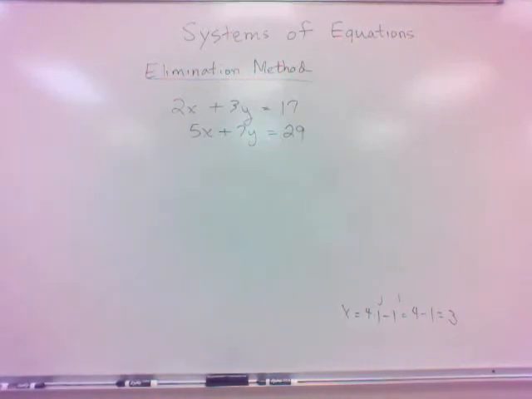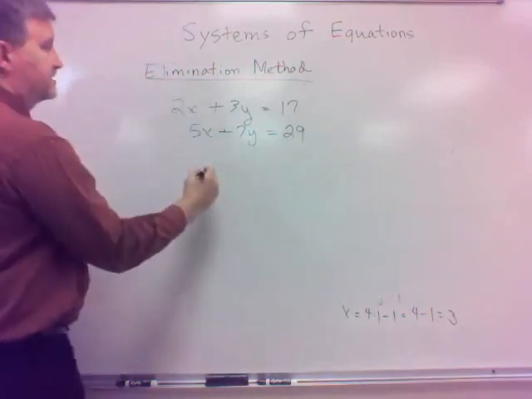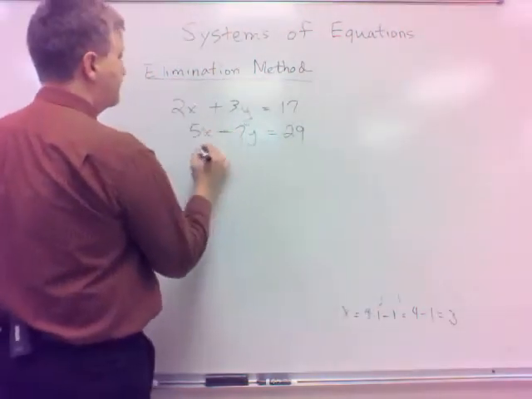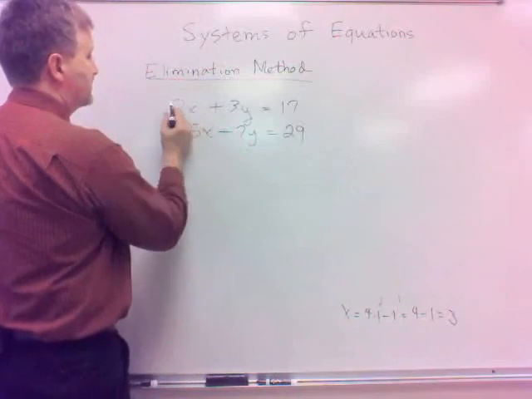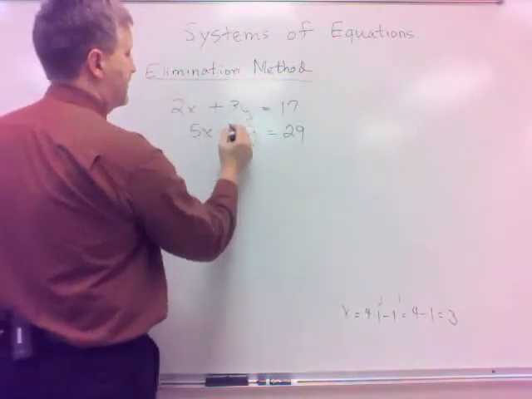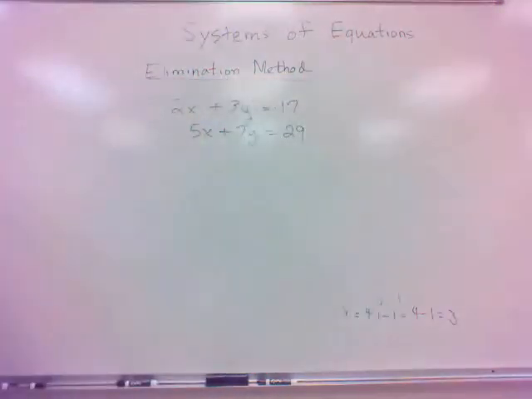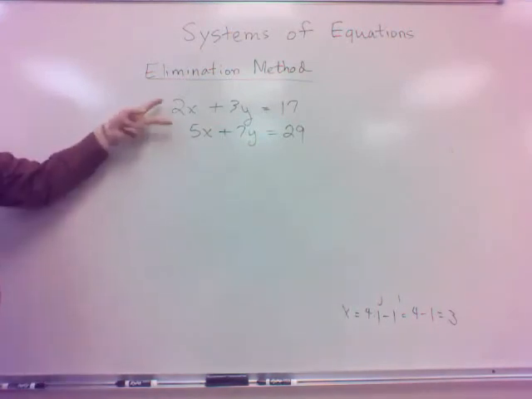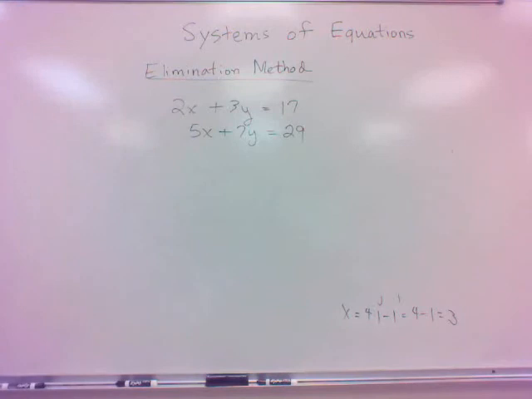In this case, looking at the numbers, let's eliminate the x's here. Here's why. I'm looking at the coefficients of the x's and of the y's, and I'm looking at the least common multiple. What least common multiple do those coefficients share? The x's, the least common multiple would be 10. The y's, 21.